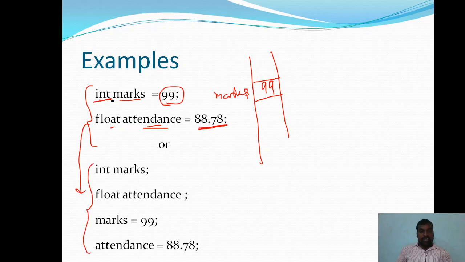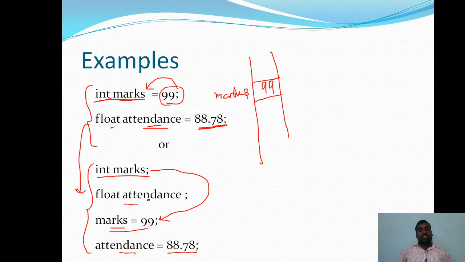Here we are declaring a variable with the name marks of integer type. Here also I am declaring the variable marks with integer type, and here I am directly storing 99 in this marks. Here, after declaring the variable, I am using one more statement to save this 99 in marks. In a similar way, float attendance is a variable of float type. Then I am storing this 88.75 fractional or float constant under the variable name attendance.